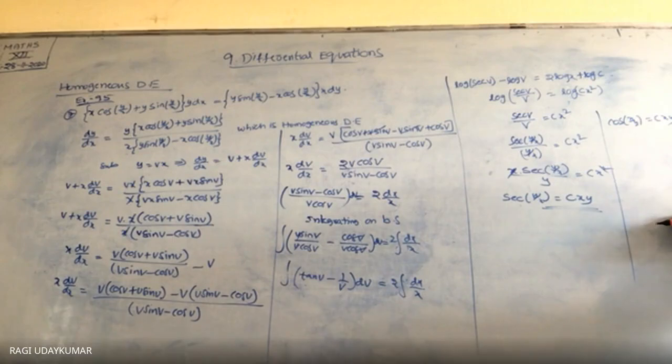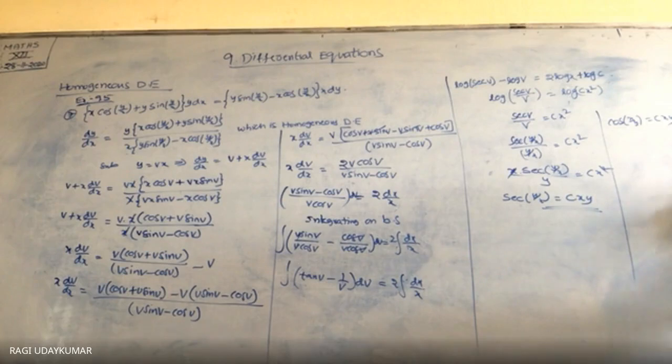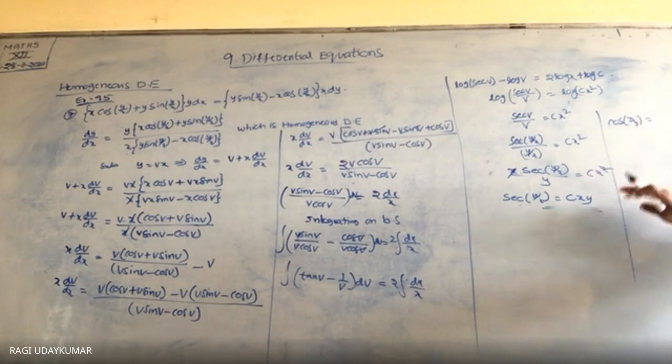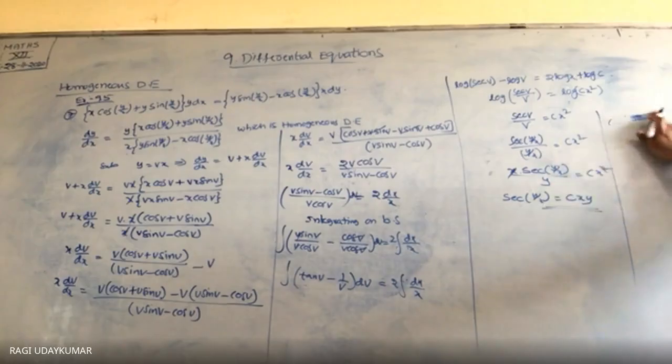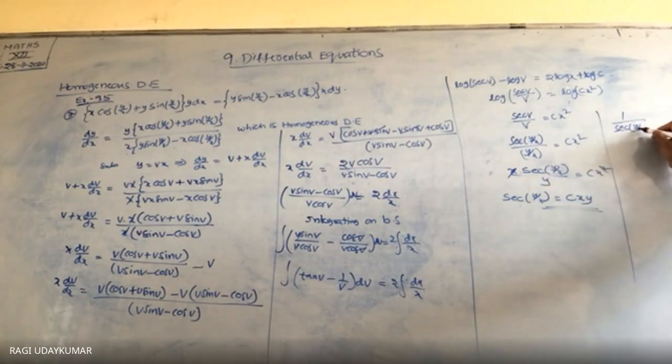Whenever you are considering secant of y by x is equal to cxy, and whenever the reciprocal is taken here, you are going to get this one. Oh, sorry. If we take the reciprocal, one by secant of y by x is equal to one by cxy.